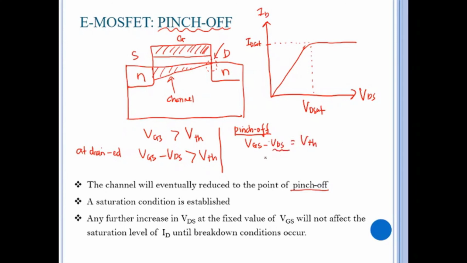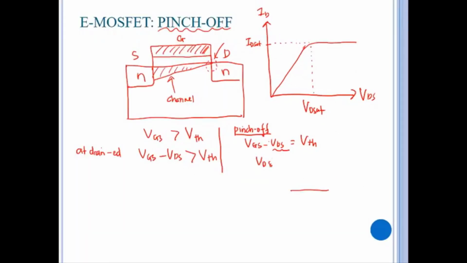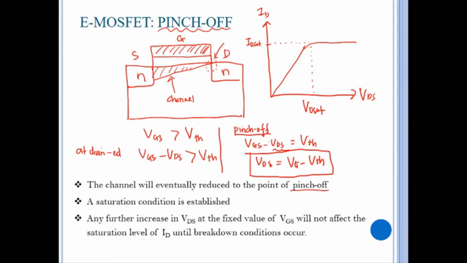So now the VDS here is called VD saturation. So VDS here is equal to VGS minus VTH. Okay. So this condition is the VDS value where the pinch off starts to occur. So this is called VD saturation.